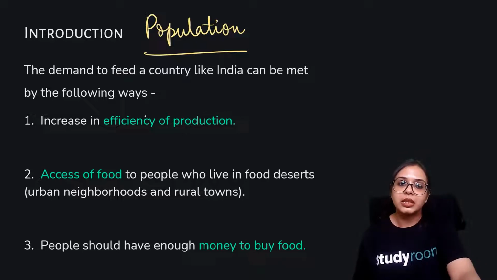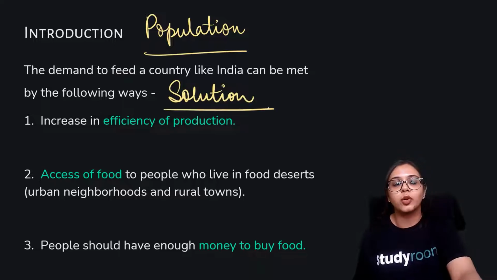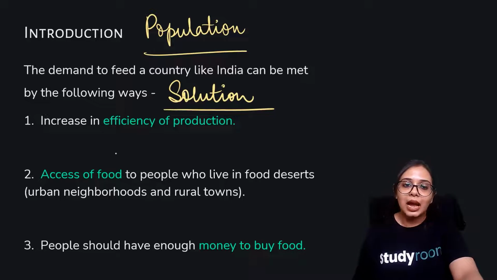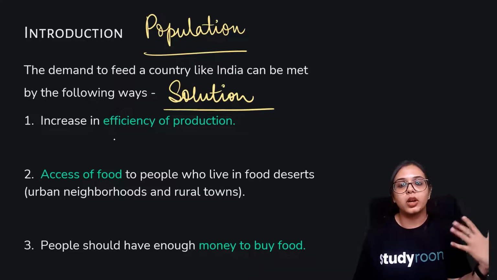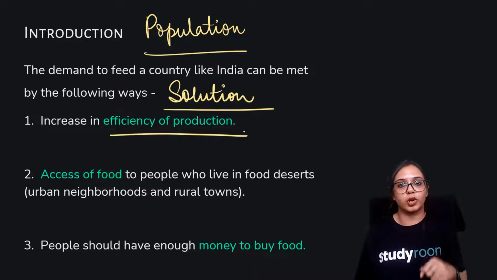All right, so the solution could be that the land which we are already cultivating for food could be more emphasized, more cultured, for the efficiency of the production of food.